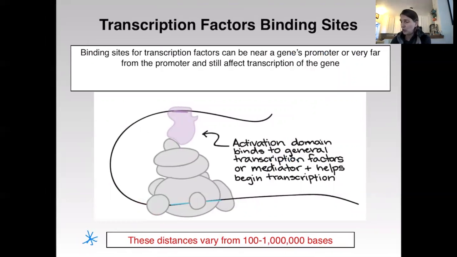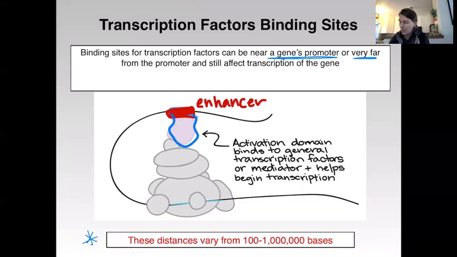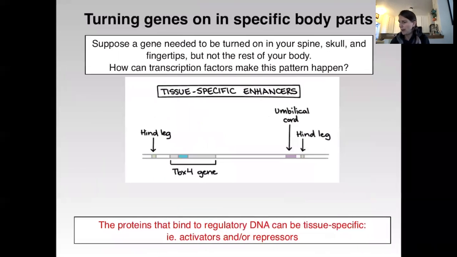So binding sites for transcription factors can be very close to the promoter or very far from the promoter. And so, for example, I'll highlight it in red, this piece of DNA would be the enhancer, right? Because a protein is binding to that, and we're going to see an increase in transcription. So the main difference between prokaryotic and eukaryotic, again, is that in eukaryotes this regulation can occur from very, very far away.